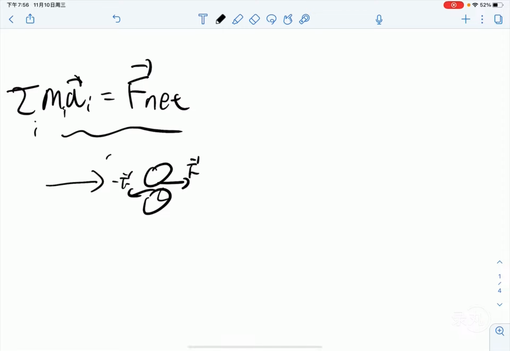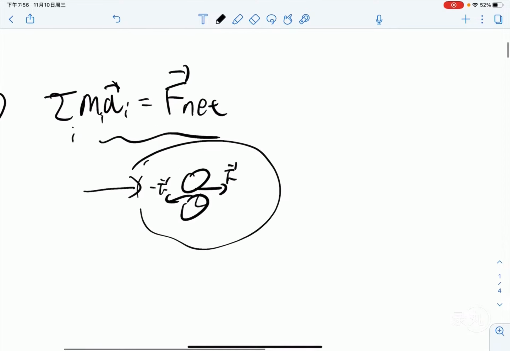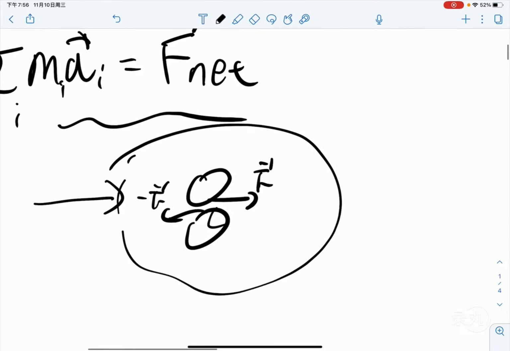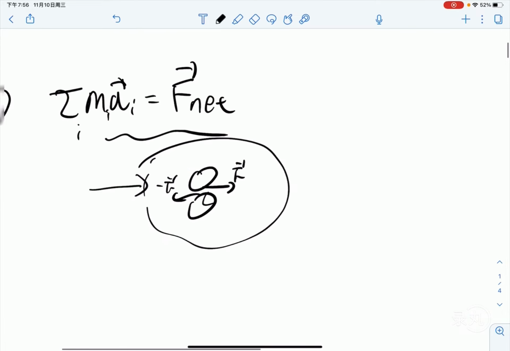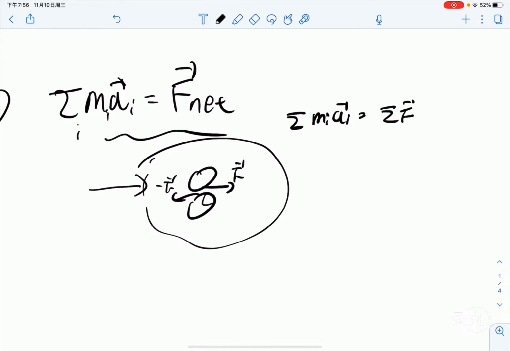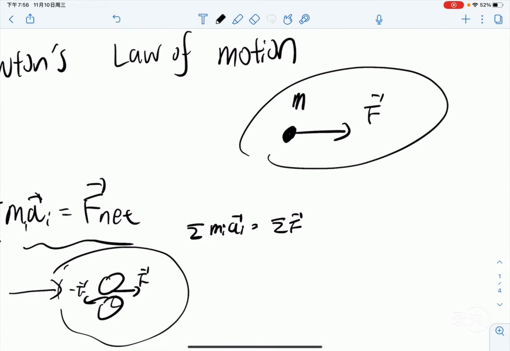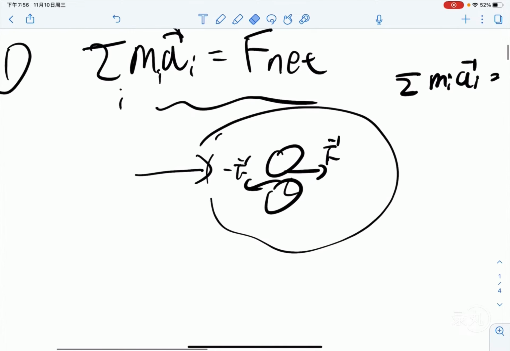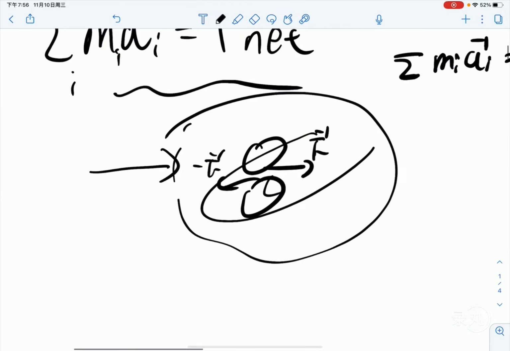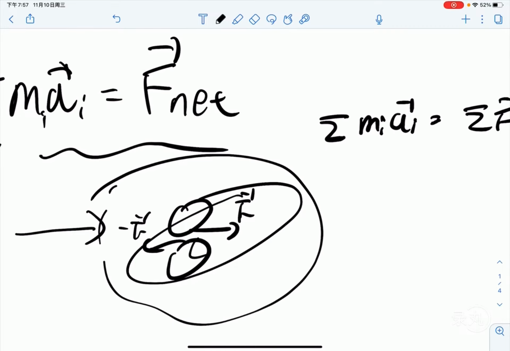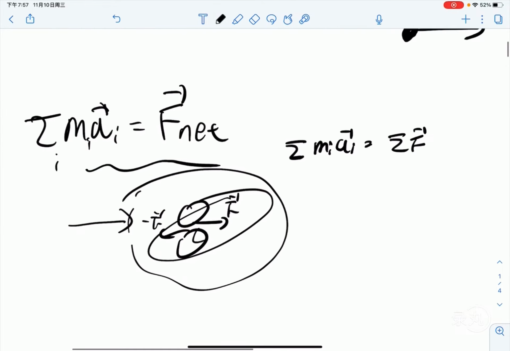There's an external force in the system, and if you sum all the forces, you get m_i a_i equal to the sum of all forces, which is the same as Newton's law. You can see that in the system, these forces cancel each other out by Newton's third law, because they have opposite direction and same magnitude.